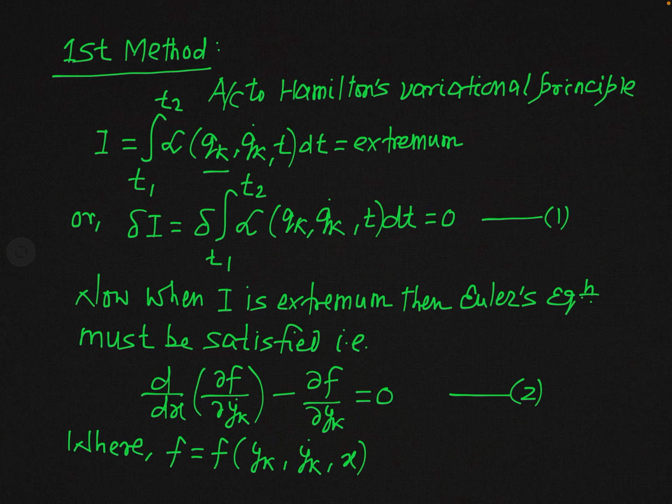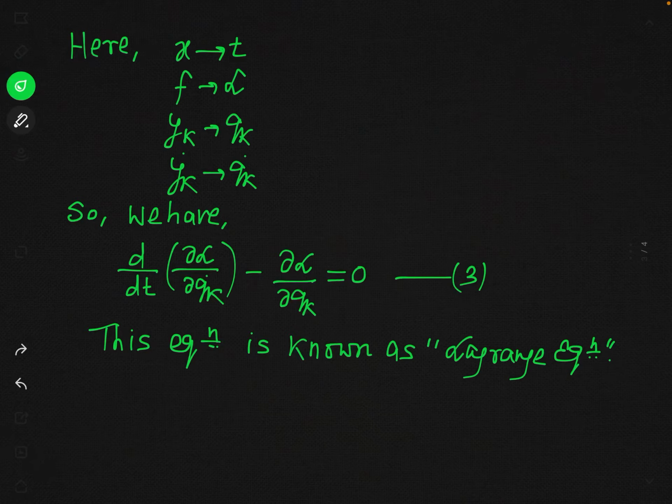So if you want to write Euler's equation in this condition, you can simply replace the variables, and you can see the Euler equation can be written as d/dt (∂L/∂q̇k) minus ∂L/∂qk equal to 0.